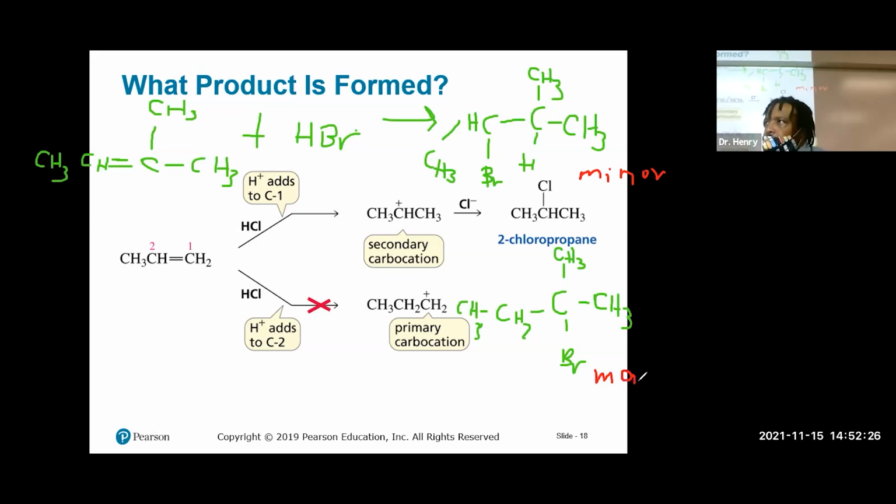And that deals with our stability, right? The one that's going to be the most stable, it's going to be around more, it's going to have more. It's going to happen faster.